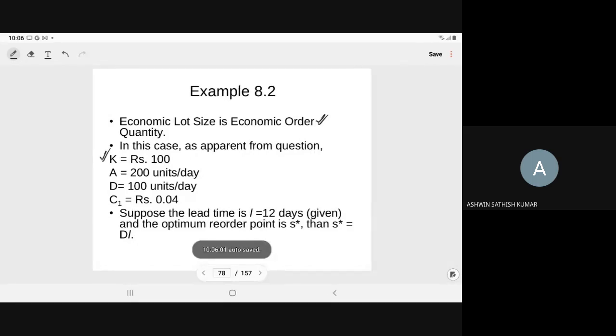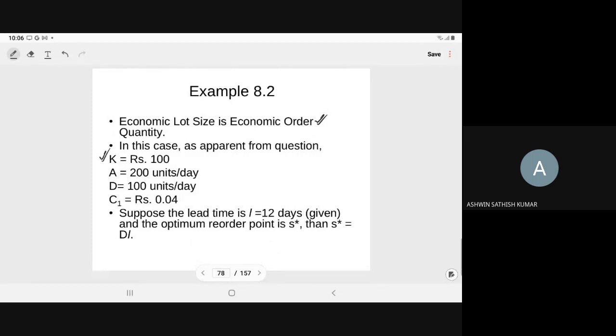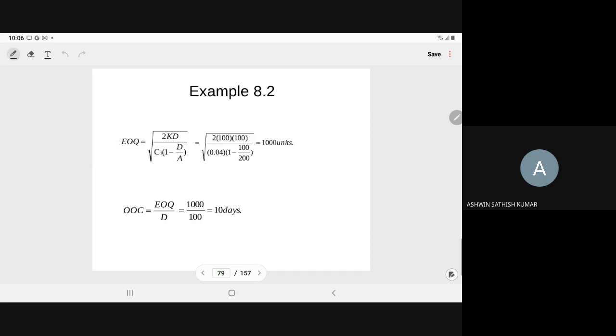Now suppose that lead time is 12 days. From here, when we compute the EOQ, first of all it is of model 1. So for model 1, EOQ is the root of 2KD upon C1 into 1 minus D upon A.